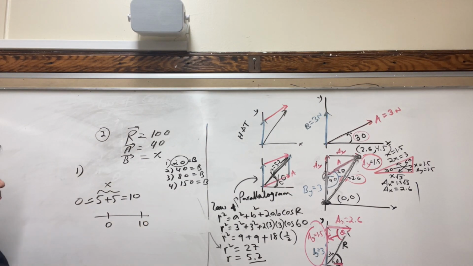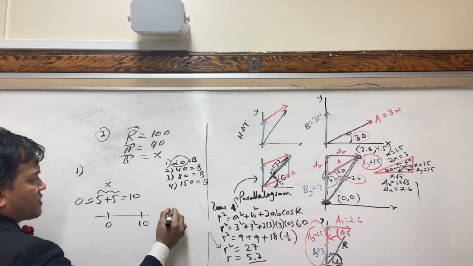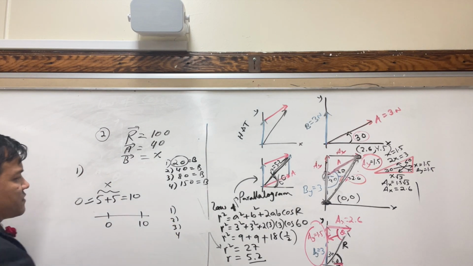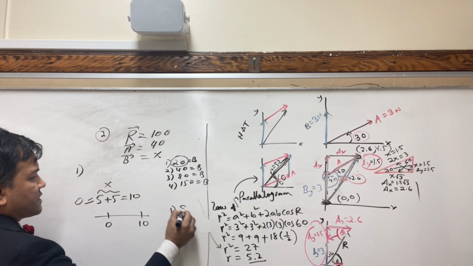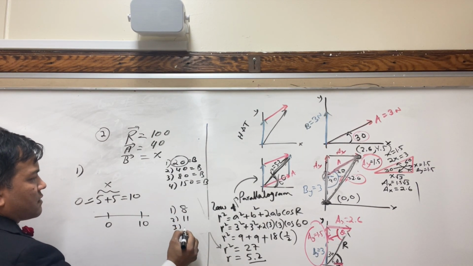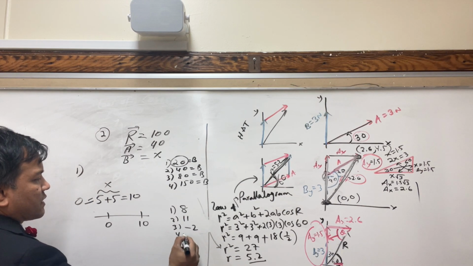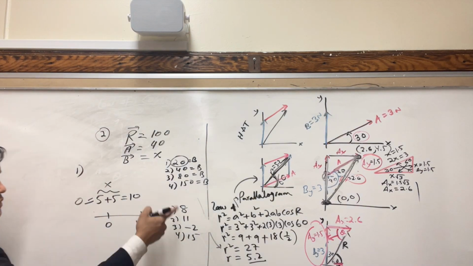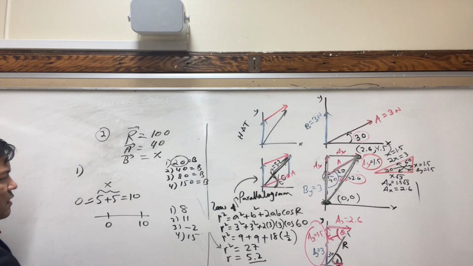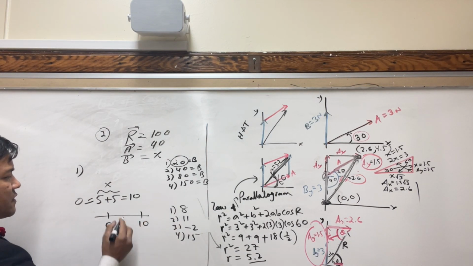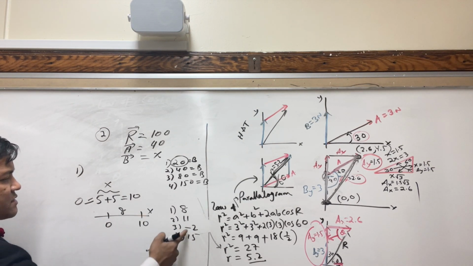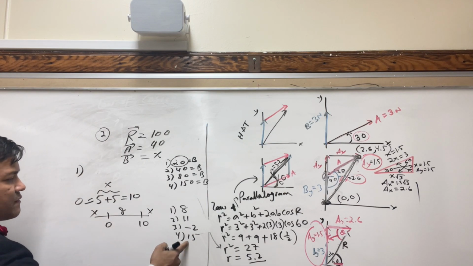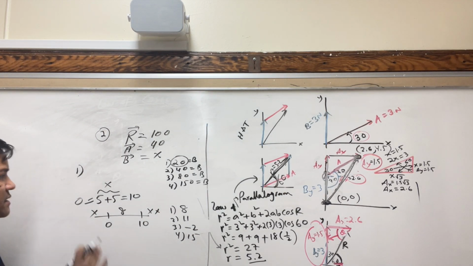Now, if the answer choices are 8, 11, minus 2 and 15, then which one is the answer? Of course, only 8, because 8 falls here, 11 falls here, minus 2 falls here, and 15 falls here.